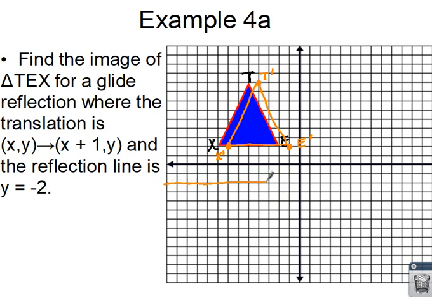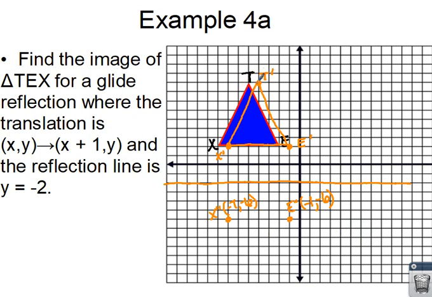Well, there's the reflection line right there. Okay, so X comes here. X double prime is now negative 7, negative 6. And then E comes here. E double prime is negative 1, negative 6.